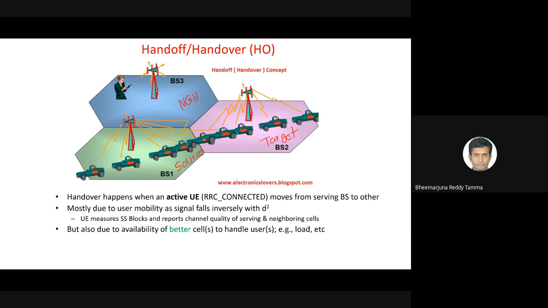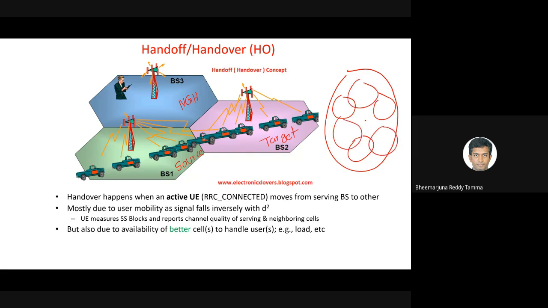This is especially true in the context of macro cells and small cells, where I have a macro cell of this kind, and inside I have multiple small cells. So there could be cases where the macro base station may think of handing over the user from itself to one of the small cells, because the small cell can offer better SINR, and because of the sparsity of user density in that particular location, it may offer better data rates to the users.